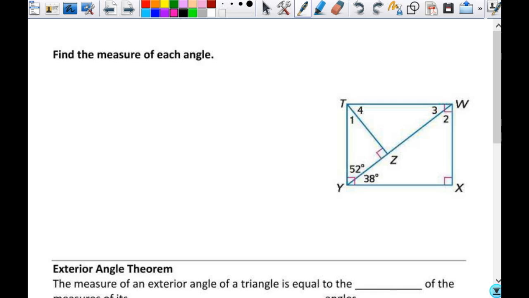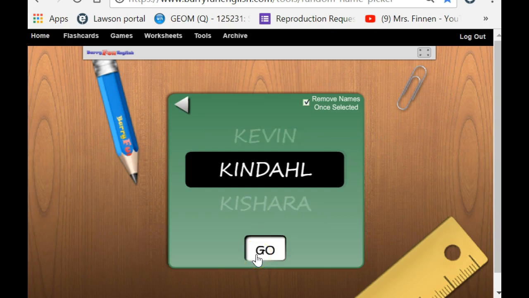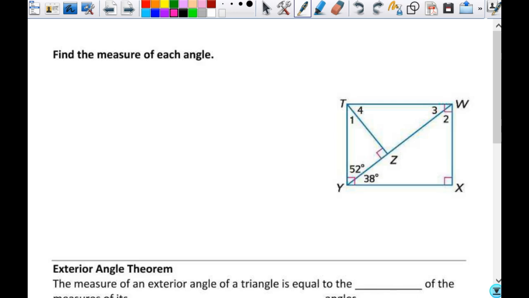Does that make sense? Y'all agree with that? Okay, I want a different way to do it than that. There's an easier way to do it than that. Kishara, what do you think? We talked about some stuff on the front that might help you out. What kind of triangle does angle 1 live in, Kishara? Okay, it lives in a what?